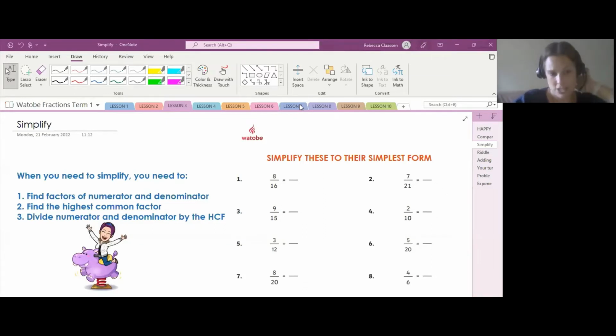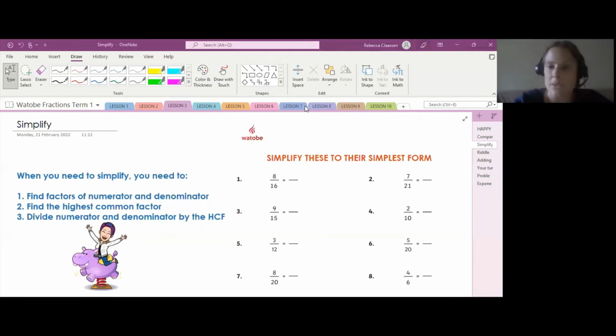We don't want to have to do any simplifying at the end. So first step, we need to think about the factors of the numerator and denominator.